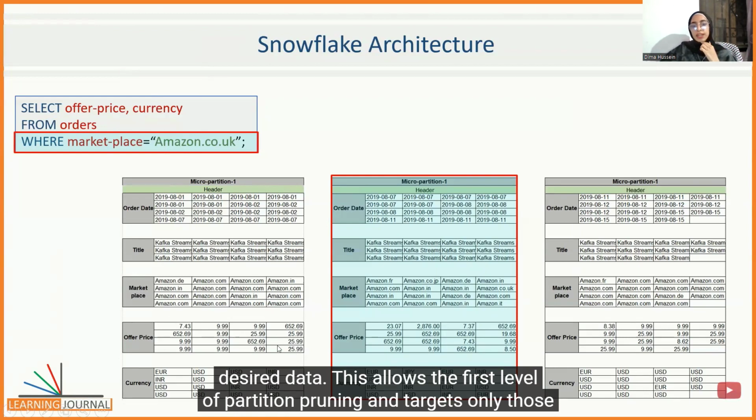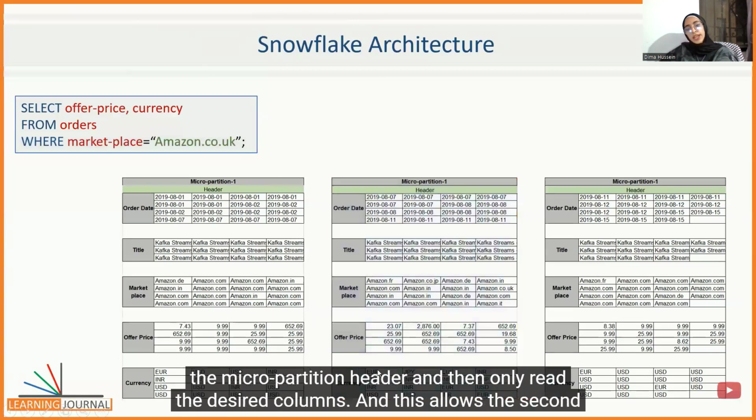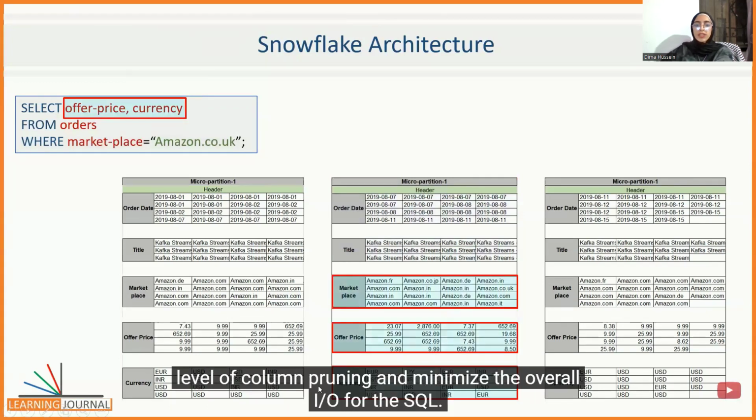For the desired data, this allows the first level of partition pruning, and targets only those micro partitions where the desired data is stored. In the next step, they first read the micro partition header and only read the desired column using the offset. And this allows the second level of column pruning and minimizes the overall I/O for the SQL.